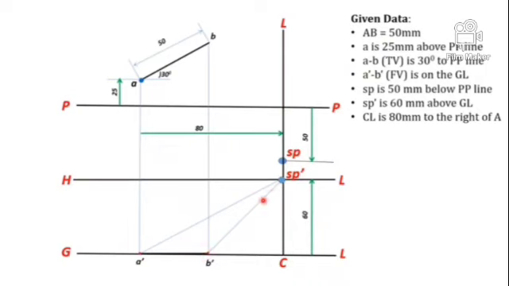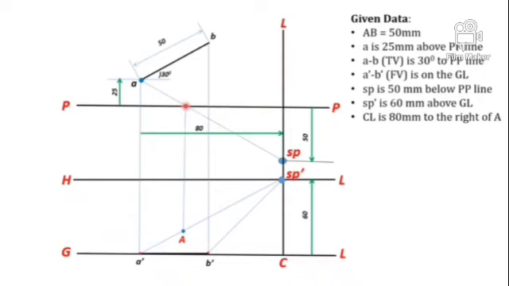Now, to find the perspective point of A, you draw the top view visual ray from SP to A, and you will get an intercept of this line with the PP here.